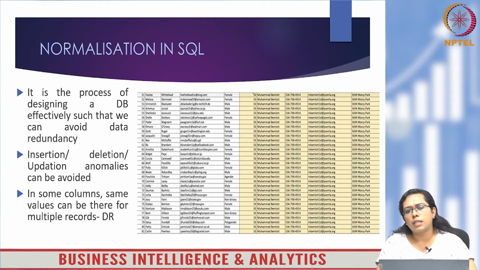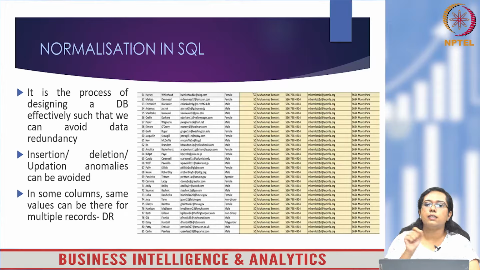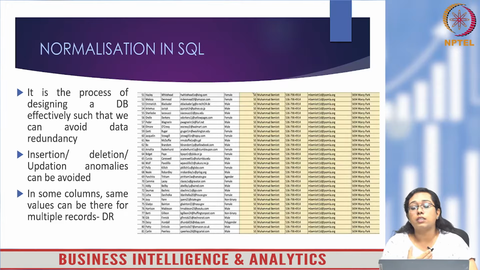If we mention it lakhs of times, won't it take so much storage? That is why we do normalization, wherein we split this big table into multiple small tables, so that we can just reference them from the original table wherever we need, instead of having this data redundancy.